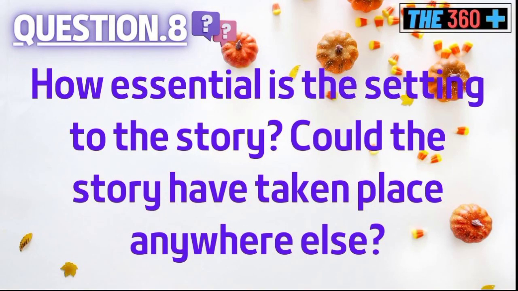The next question that may be asked about this novel is, how essential is the setting to the story? Could the story have taken place anywhere else? First of all, we have to know what a setting is. A setting has two parts.